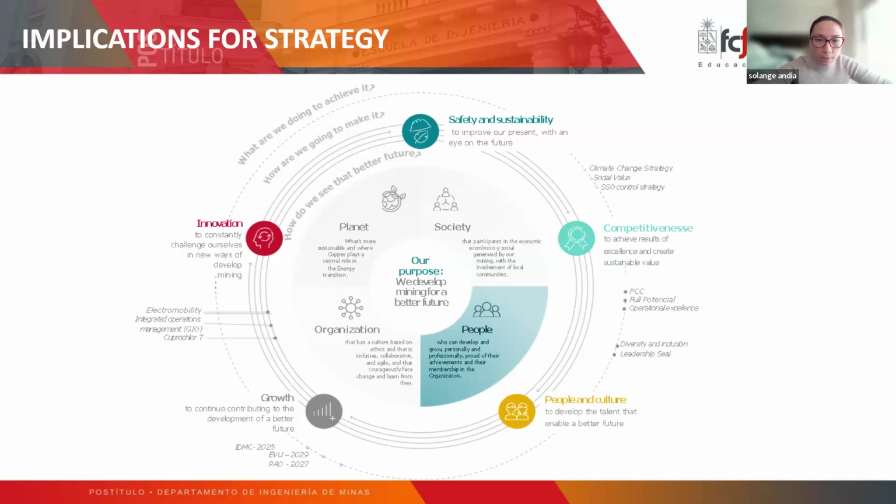The second point is operational resilience, establishing strategic reserves of critical inputs and implementing contingency plans to face supply chain disruption and fluctuation in metal prices. And finally, staying proactive in compliance with environmental and social regulation, avoiding penalties and improving corporate reputation.